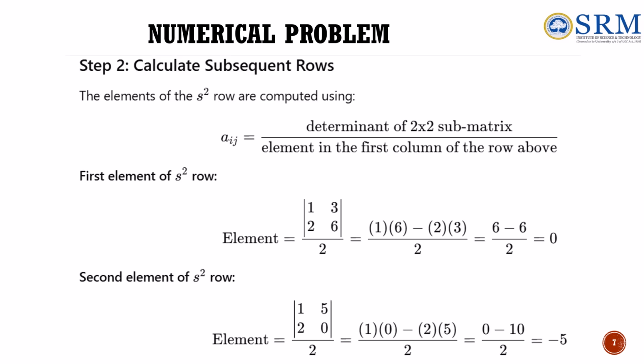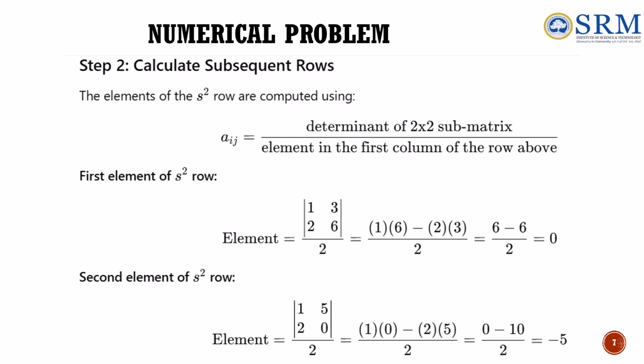To calculate the subsequent rows, the elements of the s^2 row are computed as the determinant of a 2 by 2 submatrix divided by the first element of the row above. The first element of the s^2 row is the determinant of [1, 3; 2, 6] divided by 2, which is (6 minus 6) divided by 2, equal to 0.